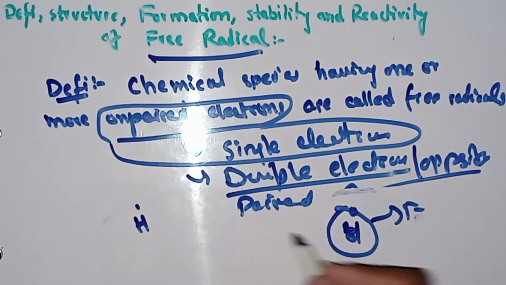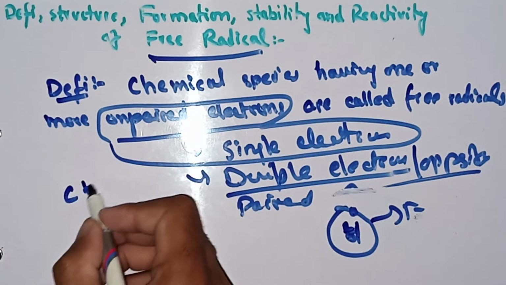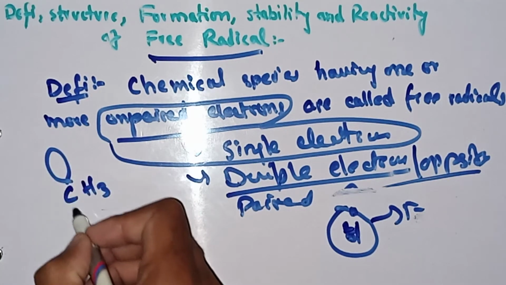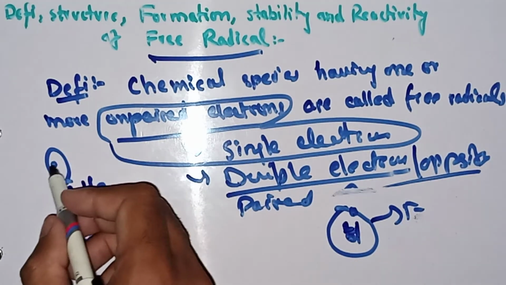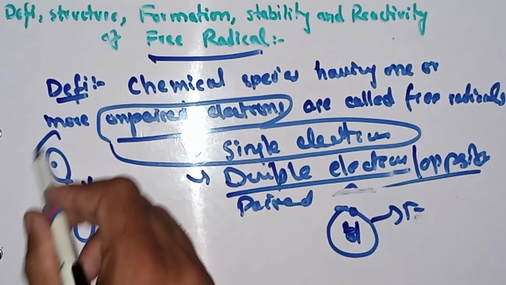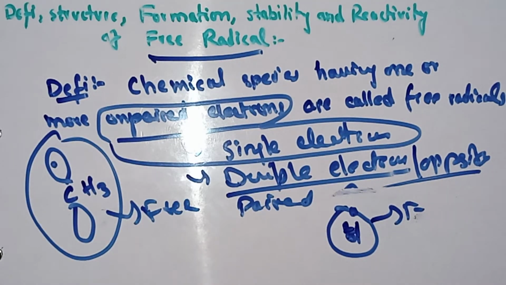If this is carbon, CH3 having one orbital containing one unpaired electron, this species is called a free radical. Very simple.